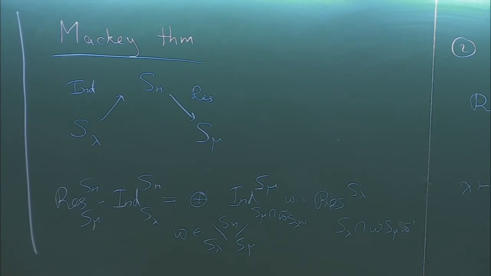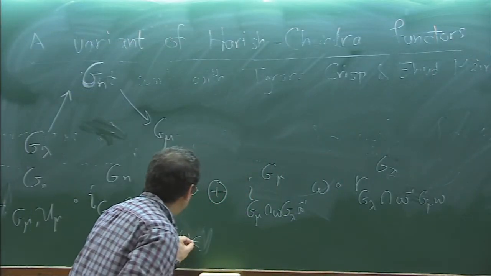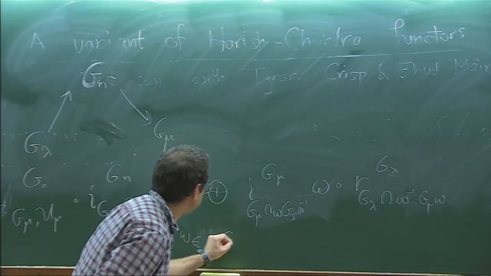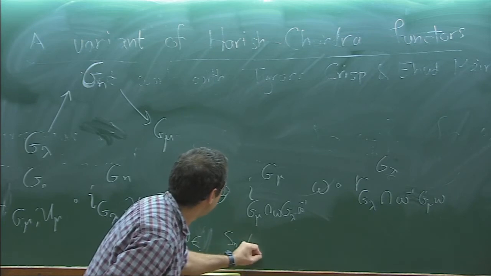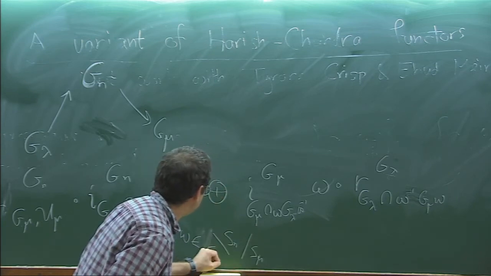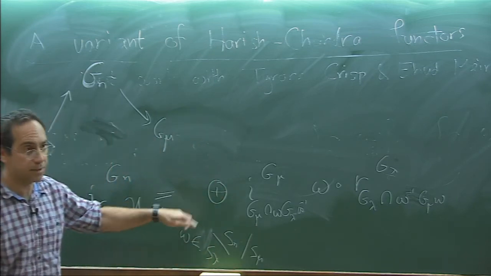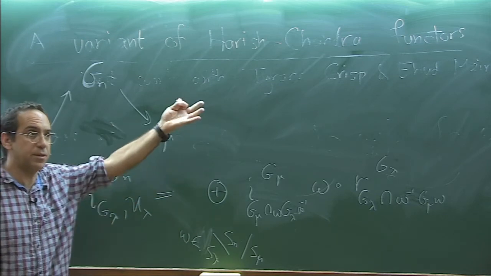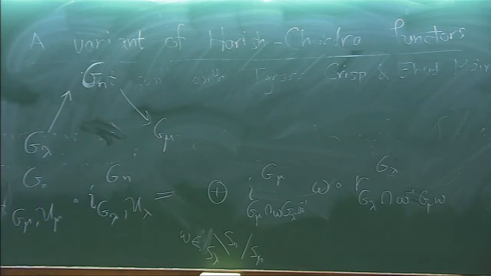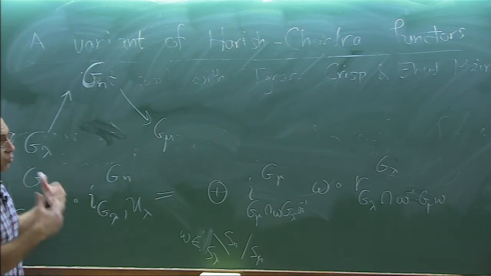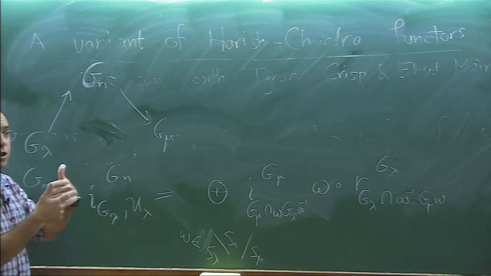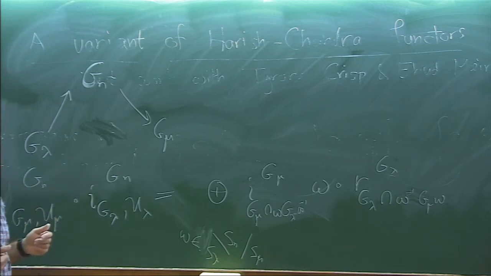So the set is, we go over all the elements in Sn modulo S mu S lambda. So double coset of the symmetric group, the Weyl group in this case, which means that the symmetric group controls the relationship between these two functors.